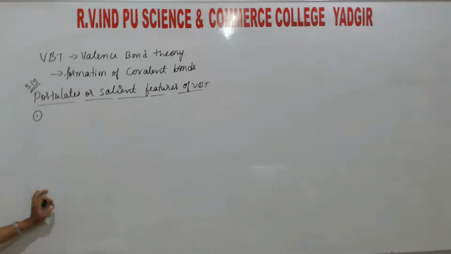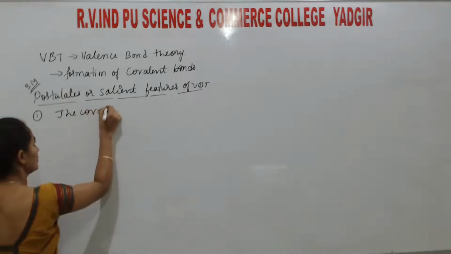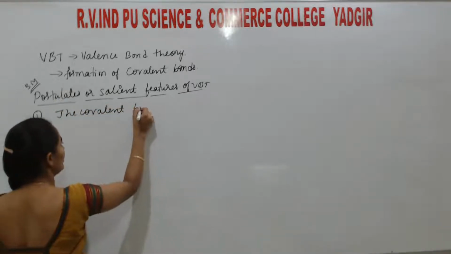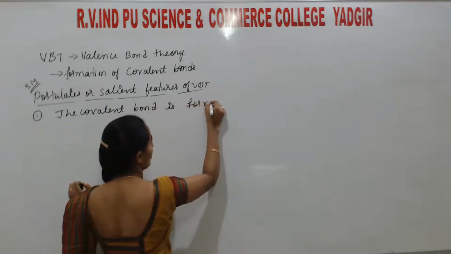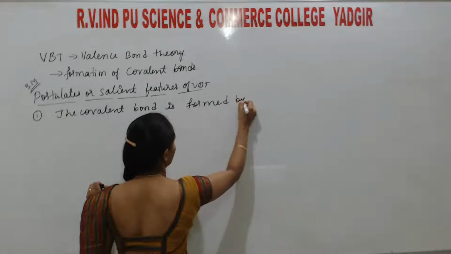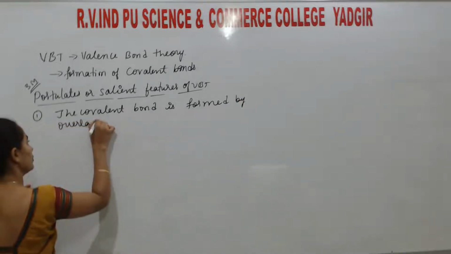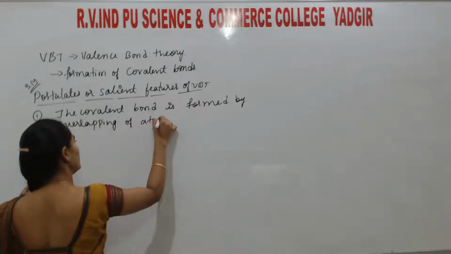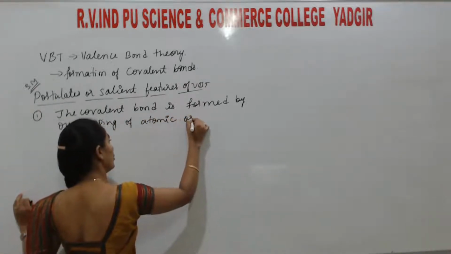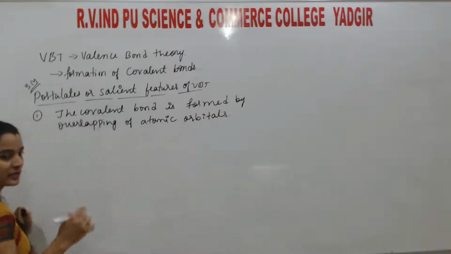The first one: the covalent bond is formed by overlapping of atomic orbitals.